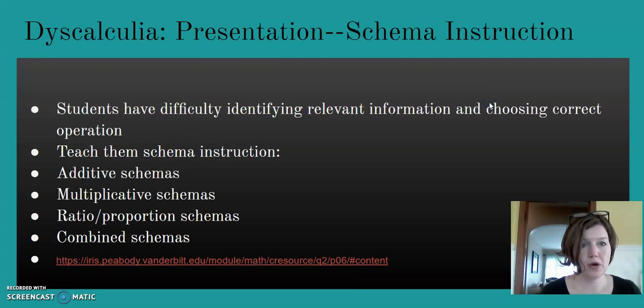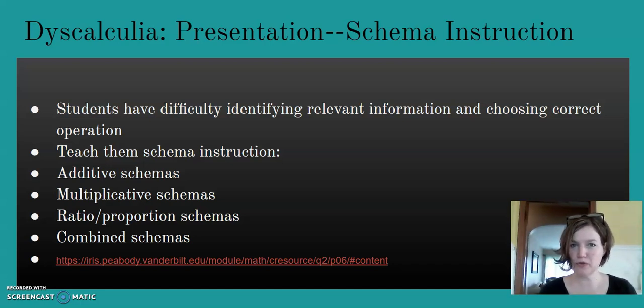And so let's go on to also a huge part of math, and some would say maybe even the most important part of math, is the word problems, because it's the real life application of math. And so again, the same module presented a way of teaching word problems and teaching identifying the type of word problem.